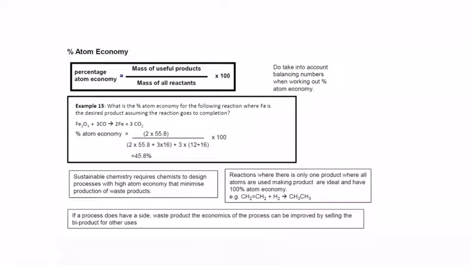So if I give an example, like if I say calculate the atom economy, if you have a reaction of CH4 reacted with chlorine, a substitution reaction occurs, chlorine will take the position of hydrogen.